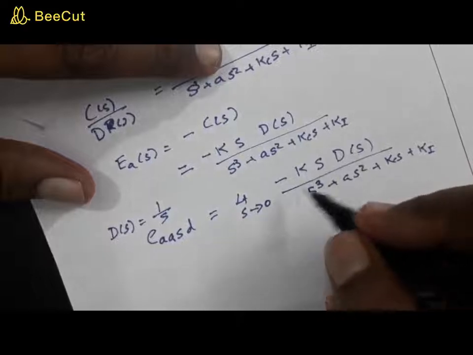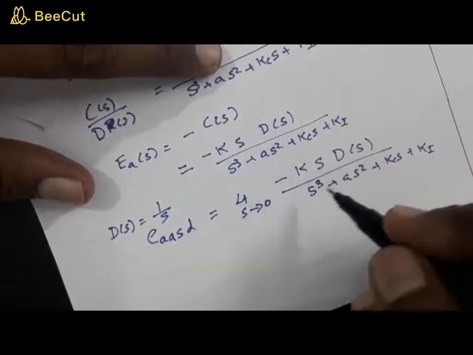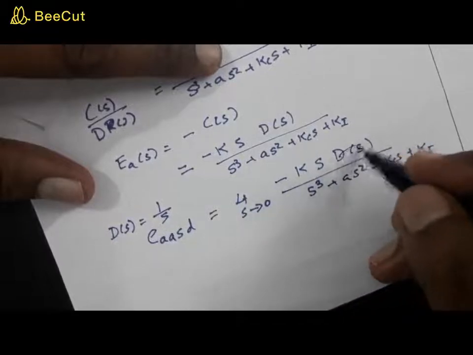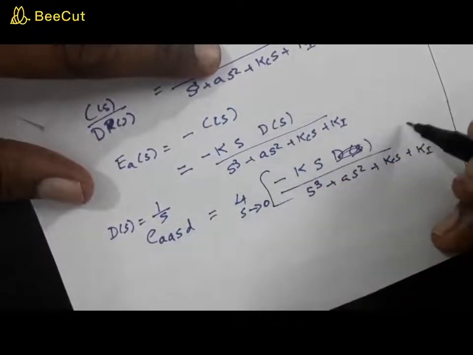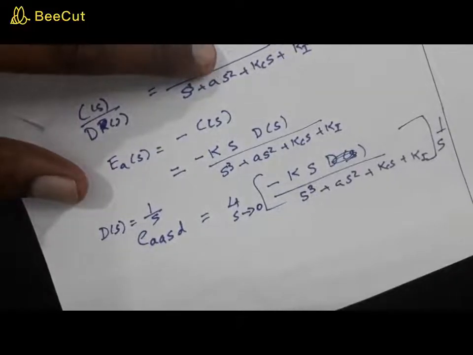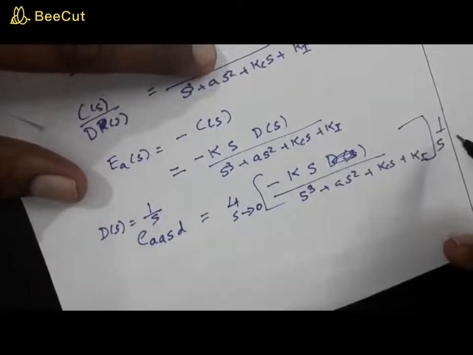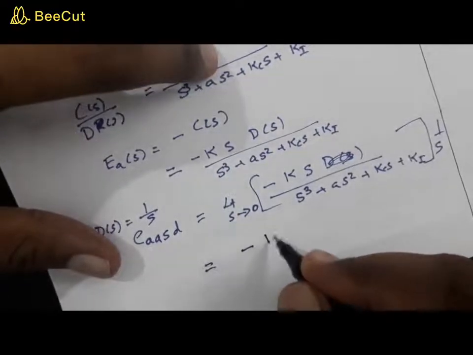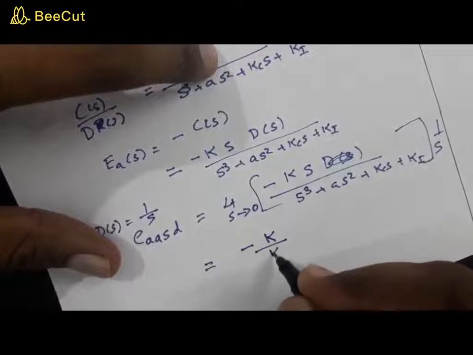What is D of s then? D of s will be equal to 1 by s, right? Now you will be getting this as, you can see that when you put a equal to 0, you can put that K by Ki.